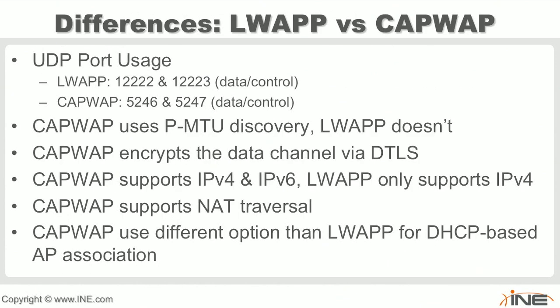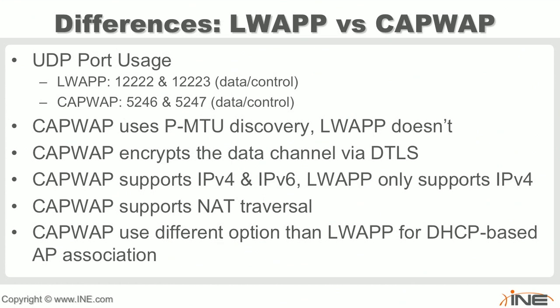Some differences between LWAP and CAPWAP. They have the same primary function; CAPWAP is just a newer protocol that improved on the beginnings of LWAP. LWAP was used primarily from about 2004, 2005, up until about 2009 when CAPWAP took over. They both use UDP ports.